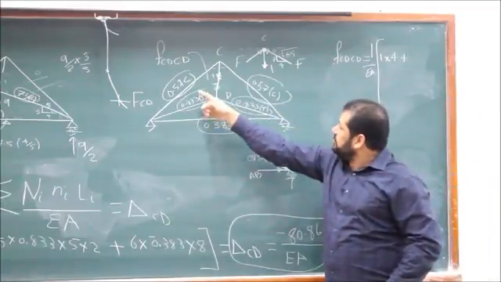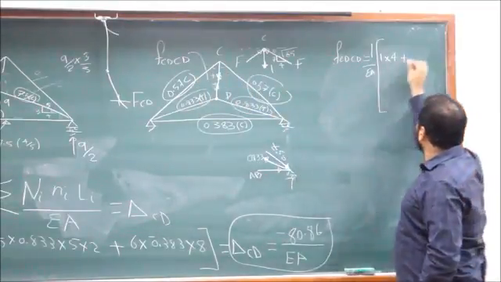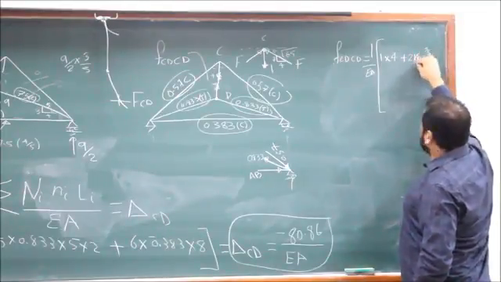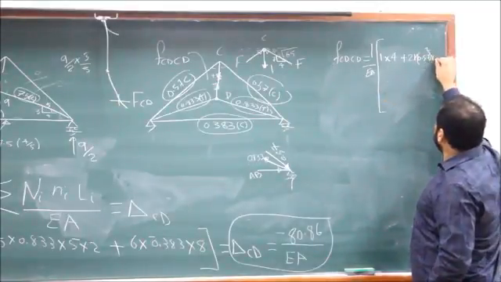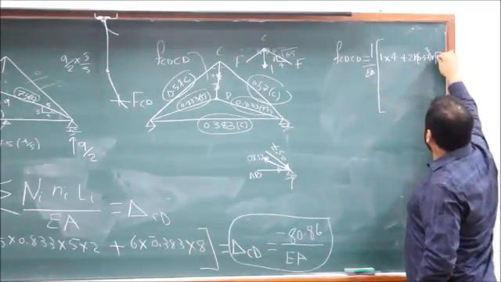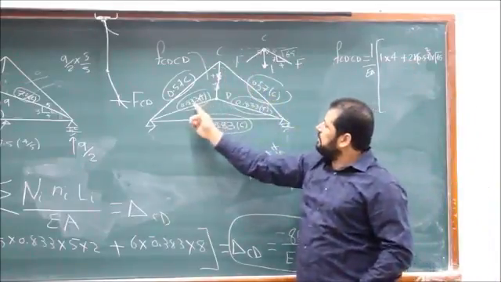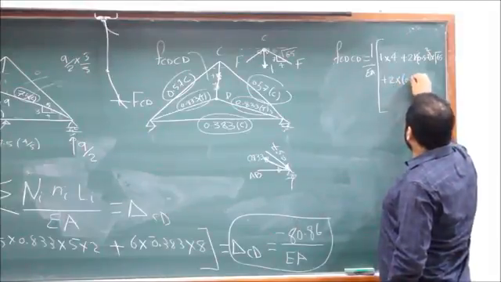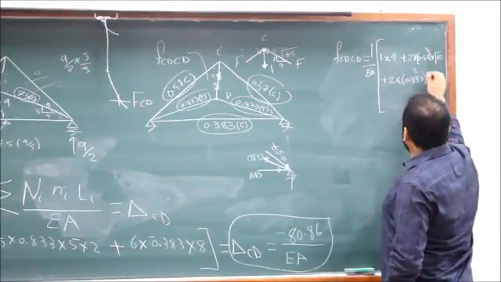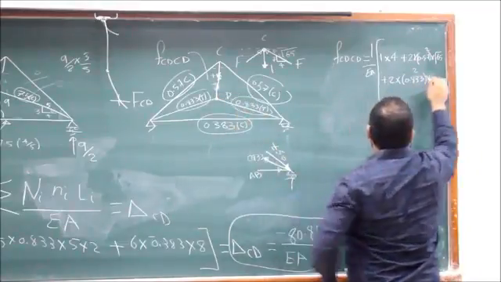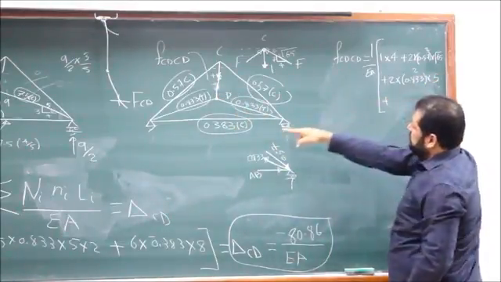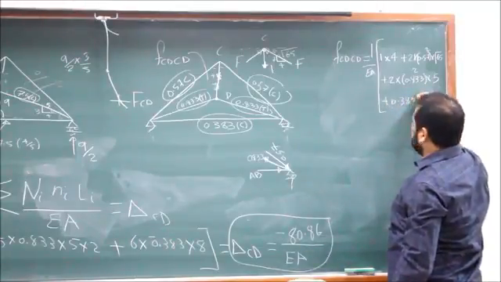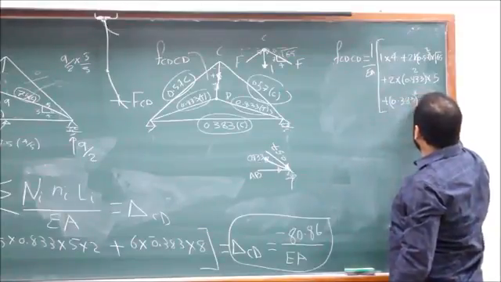Second one, we have 2 of them. So 2 times 0.57 square times the length, which is square root of 65. Then we have those 2 plus 2 times 0.833 square times 5, plus the last one, which is 1. The force is 0.383 square times 8.